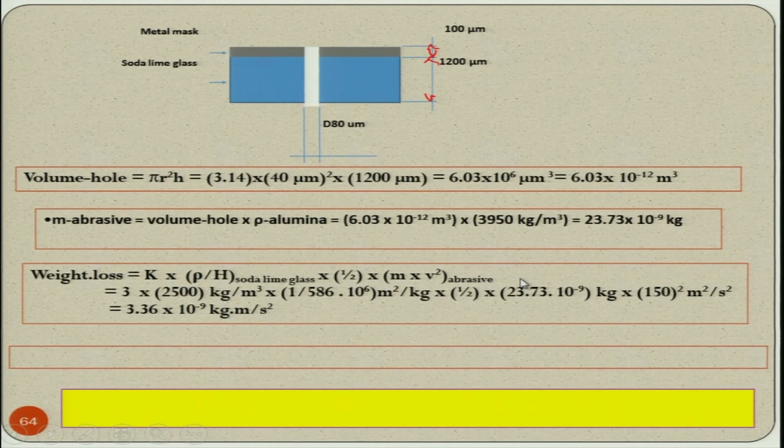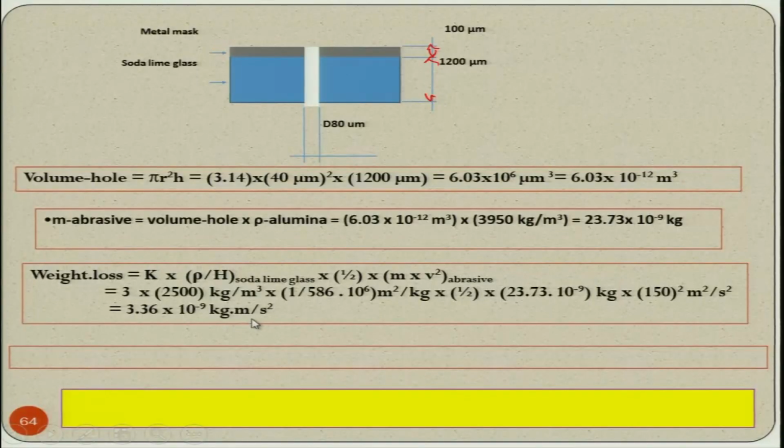So, what is going to be the weight loss? We have already seen equation 1, with the help of which you can calculate the weight loss, and this is given by K into rho divided by H for soda lime glass into half m into V square, where V is the velocity and m is the mass of the abrasive particles.